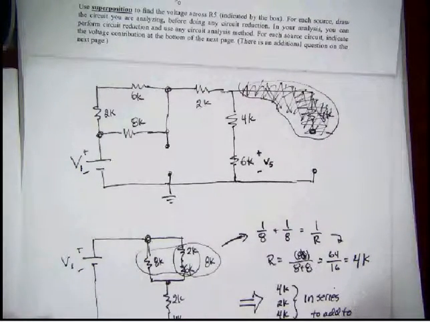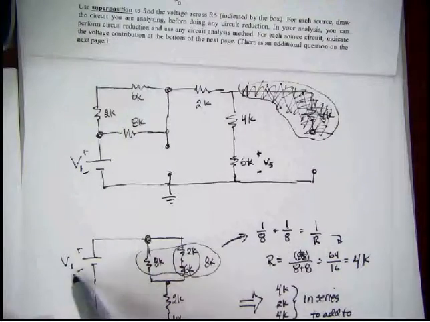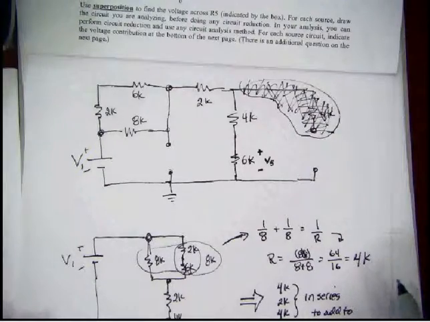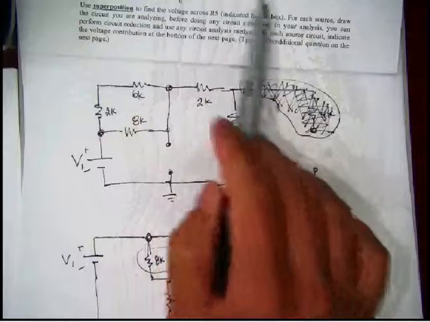So I've got V1 times 6 over 16, which is equal to V1 times 3 over 8. So this is the contribution of voltage due to V1. It's V1 times 3 over 8. I'm going to stop there, and then we'll pick it up with the other two active sources.